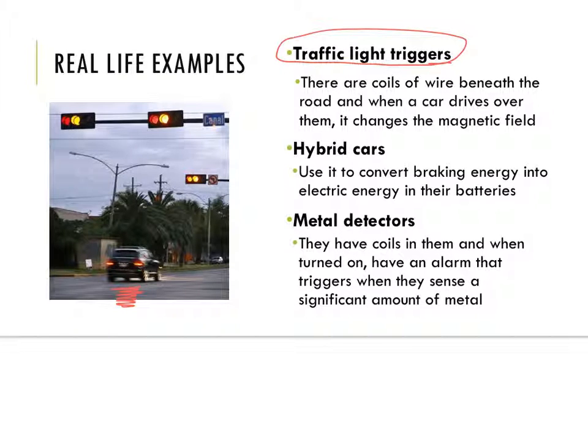That disturbance in the magnetic field, of course, is going to induce a voltage, which is going to be felt by the current change in the machine or instrument, which is going to trigger the idea that, oh, something is above this object, so it must be a car waiting to turn. So by having that moving metal, you're inducing a voltage, which is going to create some kind of read in the machine to let it know, oh, let's switch the lights.